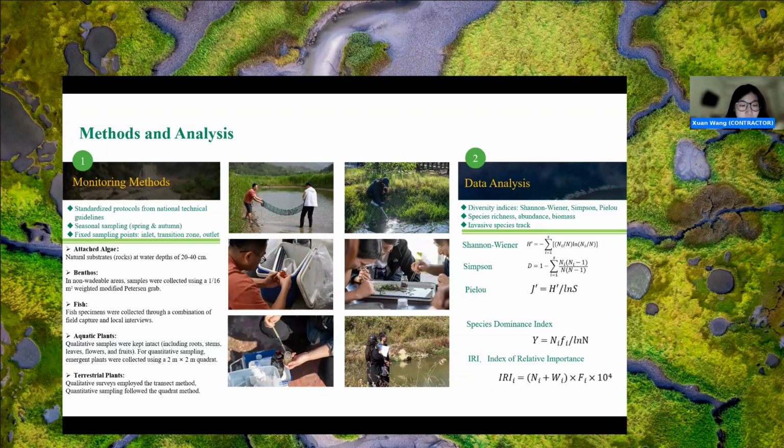Methods vary by group: attached algae, benthos with grab samplers, fish via field capture and interviews, and plants using quadrat and transect methods. All data were compiled and analyzed in the laboratory. The dominant species of the fish community were determined using the index of relative importance, which is calculated as follows.